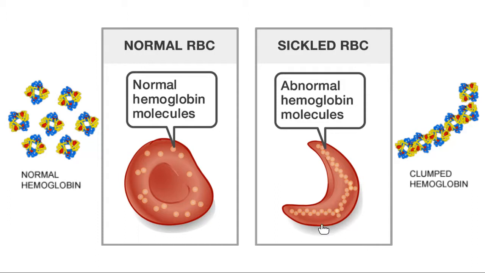So it's actually an advantage to have a mix of some of your cells that look like this and some of your cells that look like this if malaria is widely circulating in the population. Because someone who has all of their red blood cells looking like this is much more susceptible to having issues with malaria. So sickle cell trait can actually be a good thing if you are exposed to malaria.